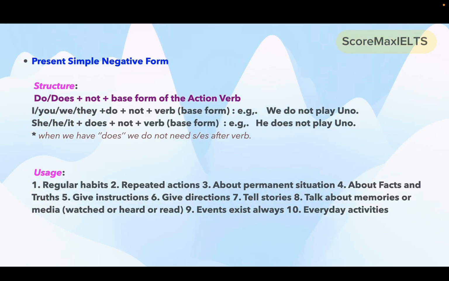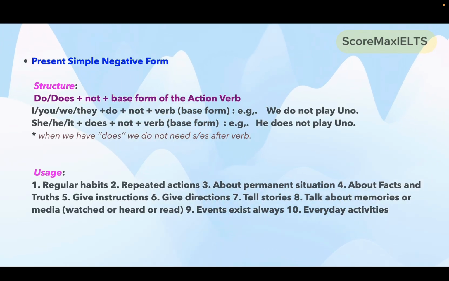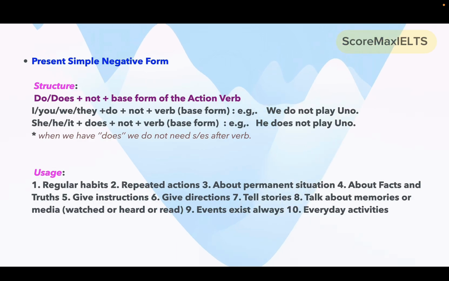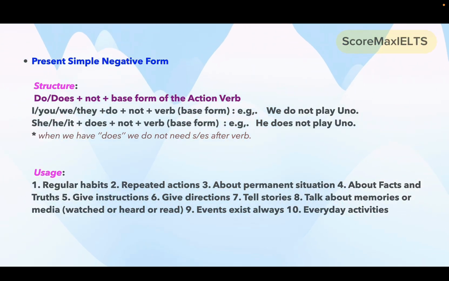That means there's nothing added to the verb, not even for singular third person, which normally needs s or es at verb ending. But here, where we use does, there's no rule for s or es to play at the sentence. Look at examples quickly. We do not play Uno.